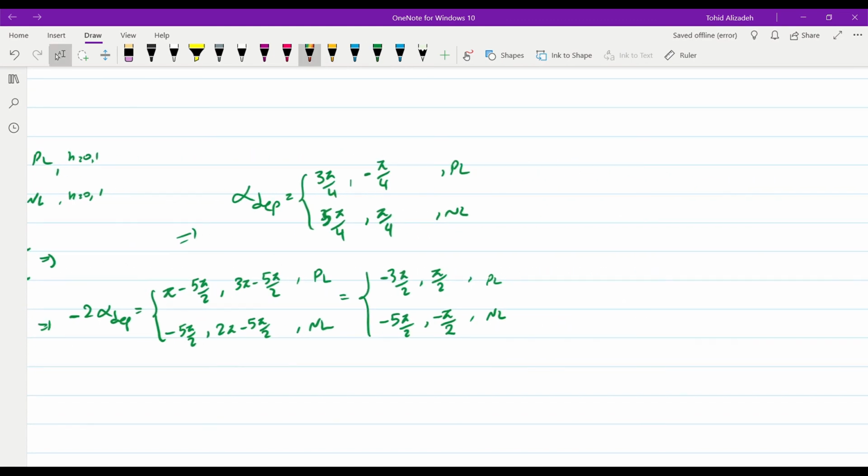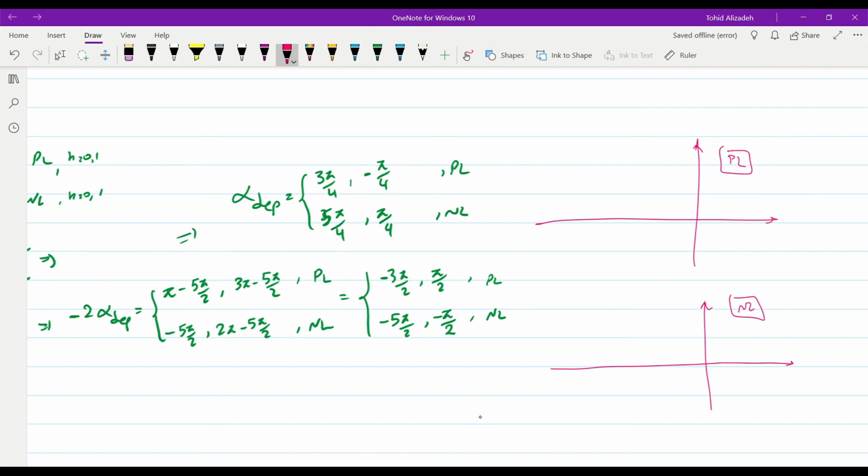Now I can also show on the s-plane how we will have the angle of departure from the poles for the negative locus and positive locus. We have 2 zeros and 2 poles here and there.